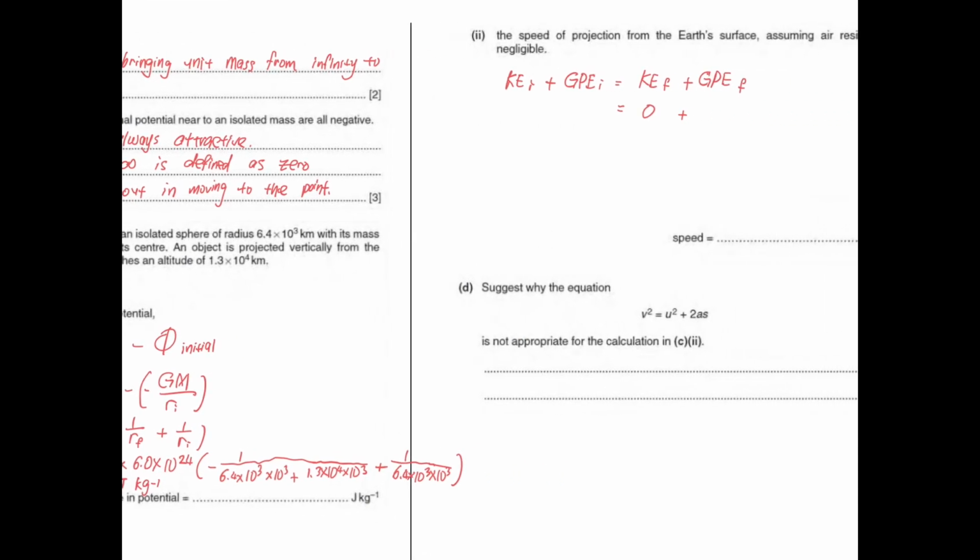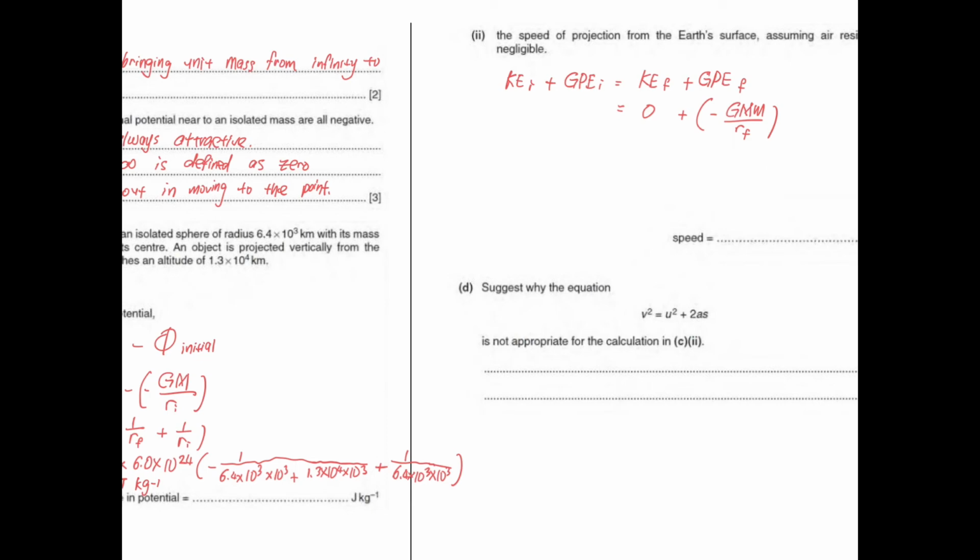Our GPE final is not 0, so you can't use the concept in the notes just now and assume that it's 0. We just assume that there is a value, minus GMm over R final.